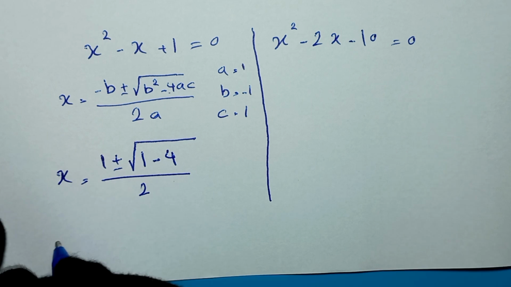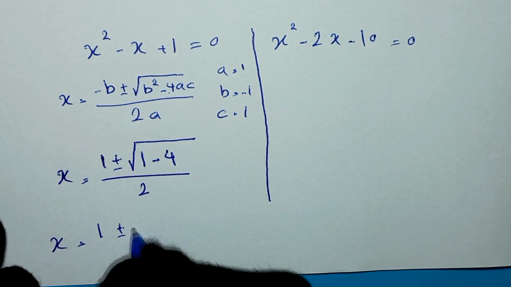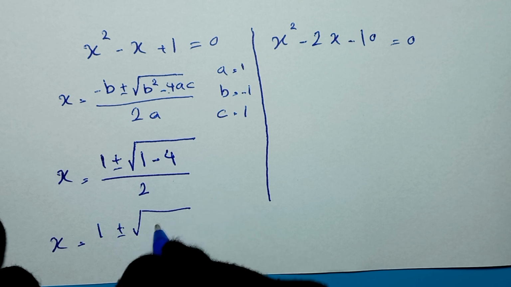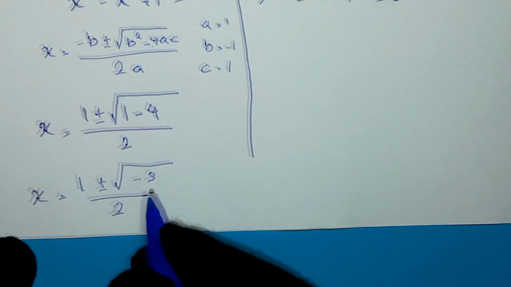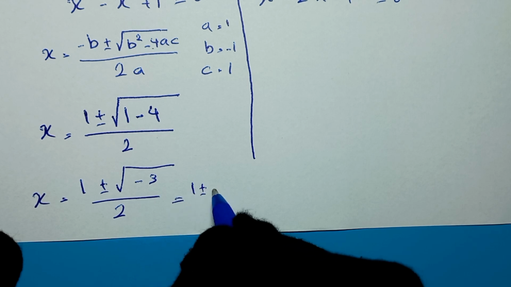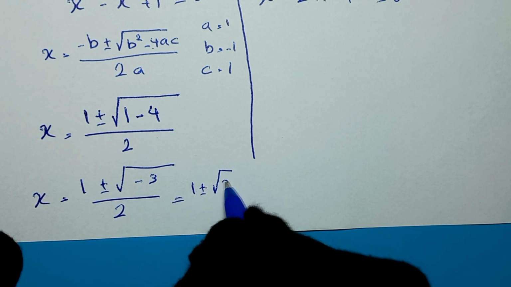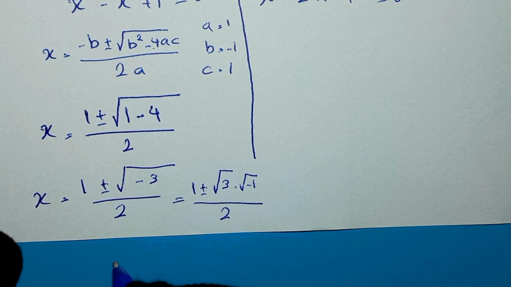And from here, x is equal to 1 plus or minus the square root of 1 minus 4, which is negative 3, over 2. And we can write the square root of negative 3 as the square root of 3 times the square root of negative 1, over 2.